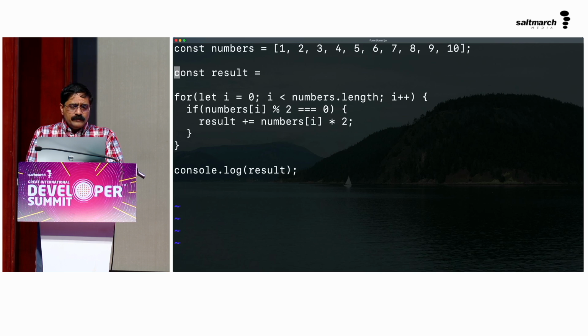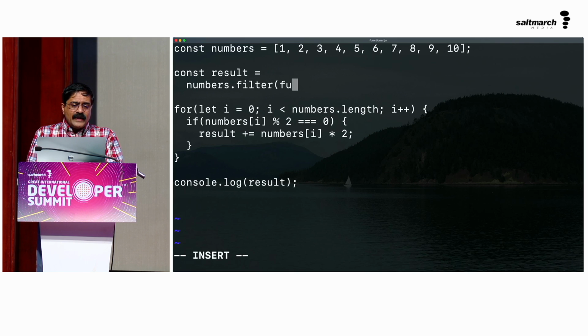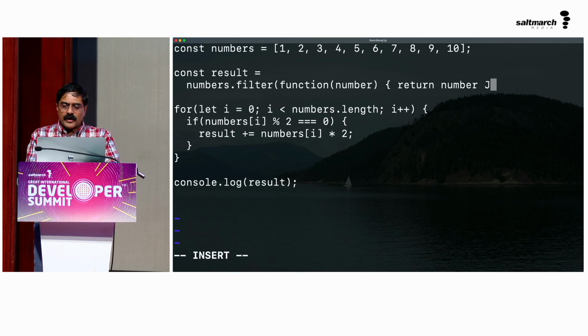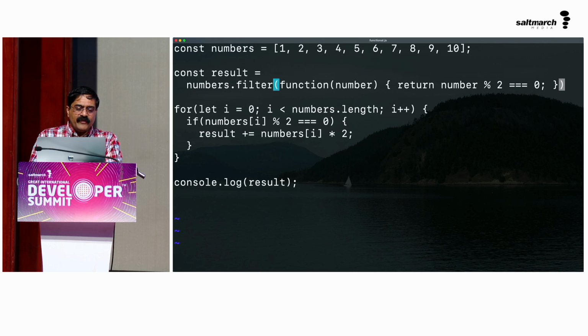What are we going to do? I say numbers.filter. And in this case, we're going to say a function that takes a number and returns number mod 2 is equal to 0. So that is the filter function.